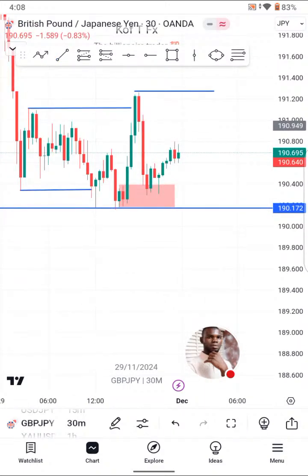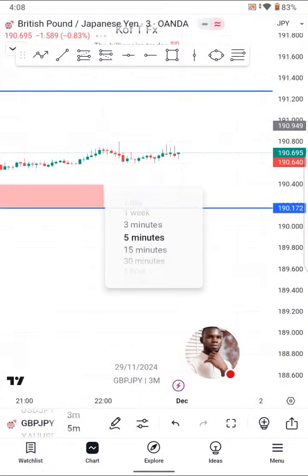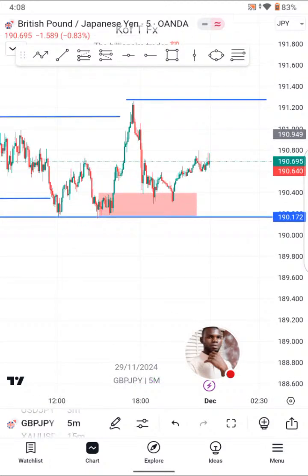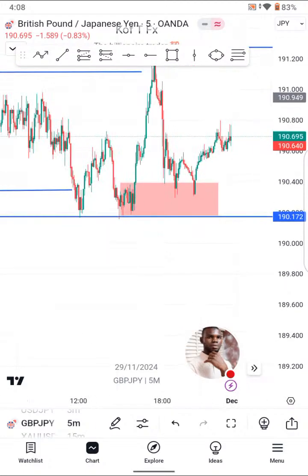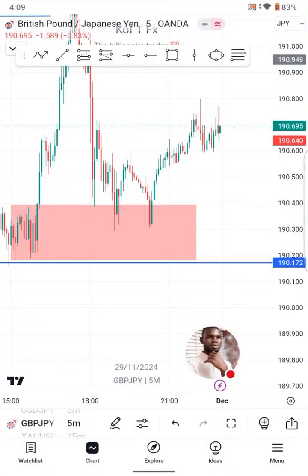Then I will switch to the 5 minute time frame to see if we can have a confirmation entry.